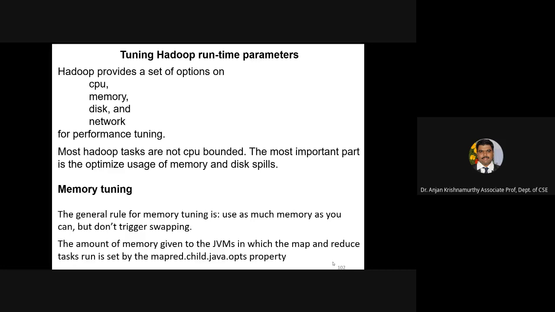So when you are talking about memory and disk spills, it is basically connecting with the point of memory, right? You must have usable memory, and that usable memory should help you to run any kind of MapReduce task. The first and foremost thing is that you cannot tune the CPU.